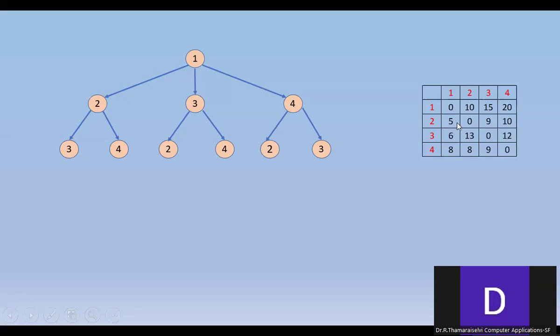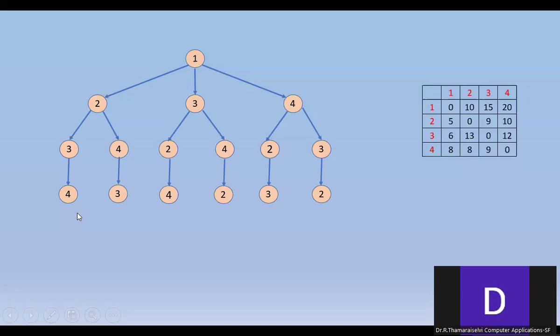So 3 to 4, 4 to 3, 2 to 4, 4 to 2, 4 to 3, 3 to 2. So here you just consider 1, 2, 3, 4; 1, 2, 4, 3; 1, 3, 2, 4. So all paths are unique.